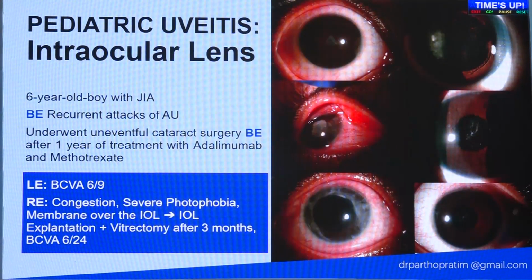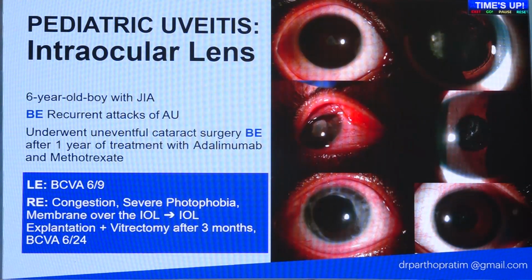Now, two slides about pediatric uveitis. This is a 6-year-old boy with juvenile idiopathic arthritis whom we treated with adalimumab and methotrexate for 1 year. After 1 year, the boy underwent cataract surgery in both eyes. In one eye the intraocular lens was well tolerated, whereas in the other eye the patient did not tolerate it, and ultimately we needed to explant the intraocular lens.